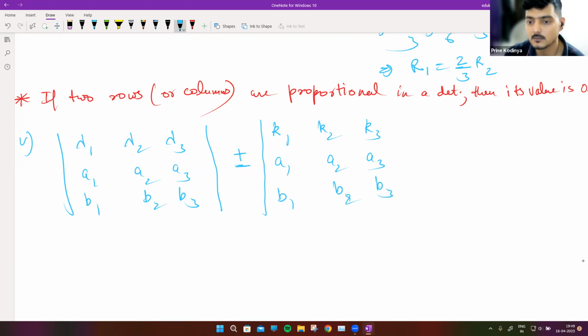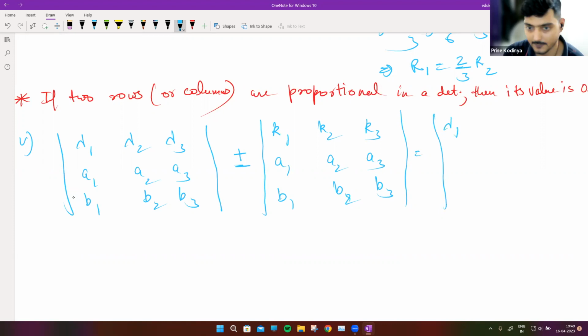See, two rows are the same. R2 and R3 are the same for both of them. Then only I can add or subtract, if this is 3 cross 3, obviously. If this was 2 cross 2, then one row or one column has to be the same. So now how am I going to do that? Simple. Just perform that operation on the different rows.